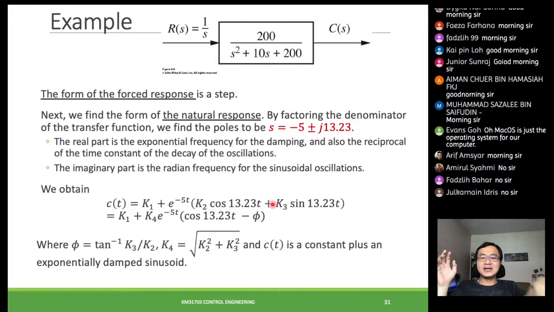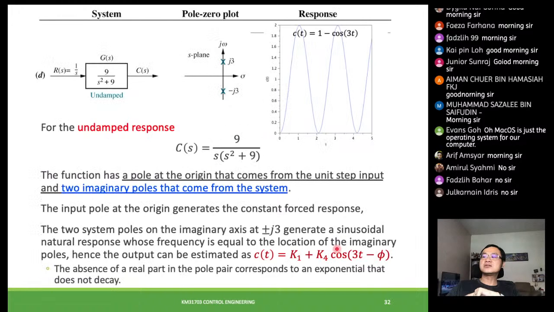And the corresponding time response would be the K, due to the 1 over S, and this part, since we don't have the real part, we don't have the exponential component over there. We don't need to multiply by the exponential term, it is disappearing. Only the imaginary part, that we can put in.